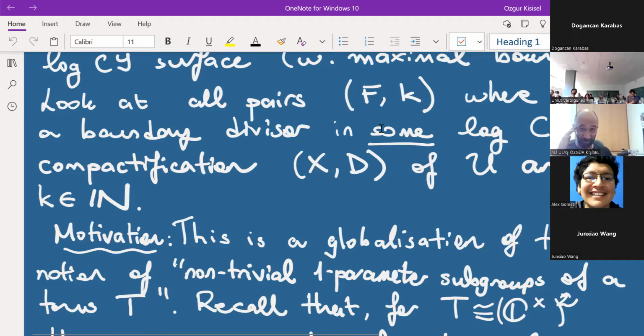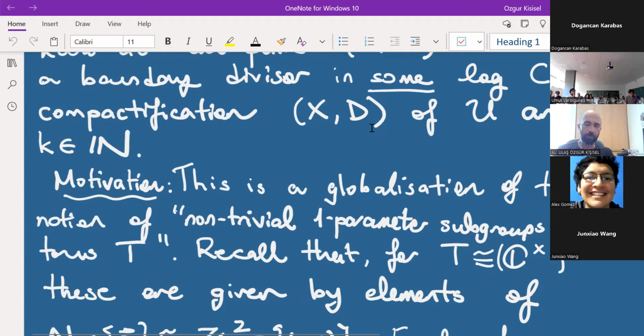Now, the motivation is, I guess, a globalization. This is more or less the content of the Gross-Hacking-Keel conjecture. This is a globalization of the notion of non-trivial one-parameter subgroups of a torus T. For a single torus T, the non-trivial one-parameter subgroups form the cocharacter lattice, so it is N, right?